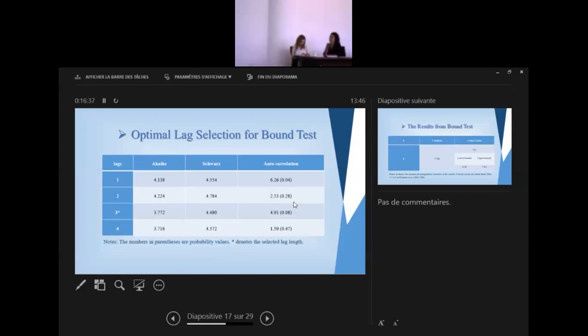So in my study, I prefer choosing the minimum Schwarz, 4.480, because it doesn't have an autocorrelation problem. Its probability is greater than 0.05.